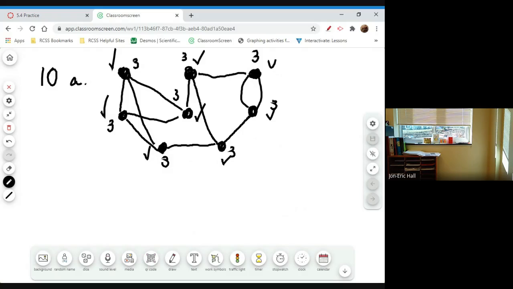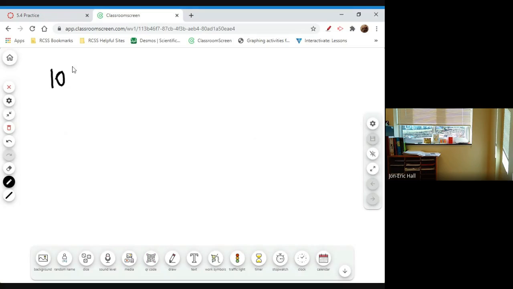Yeah, that works. Make sure you've got 8 vertices. 1, 2, 3, 4, 5, 6, 7, 8. Yes, 10B is the same situation, only now it has no connection, right?